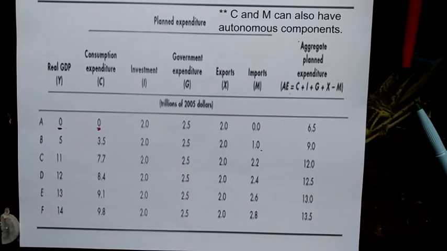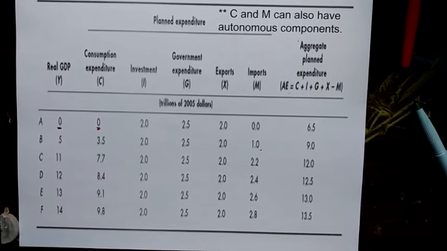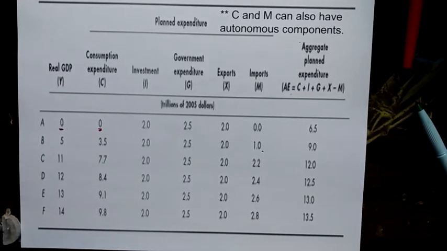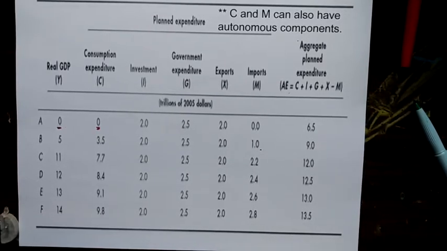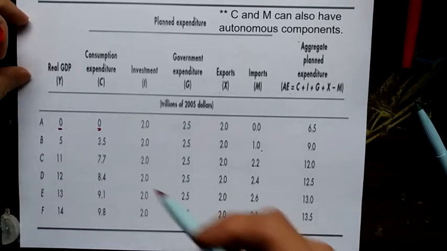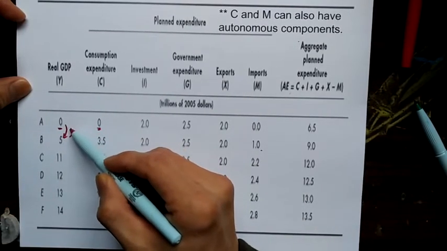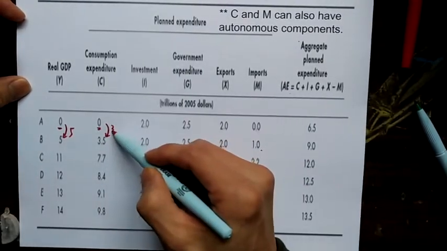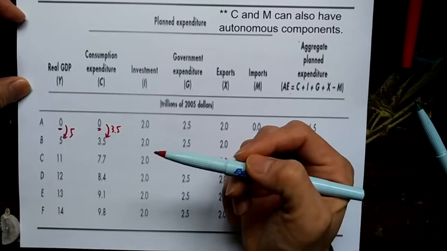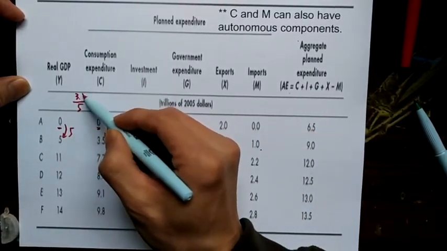Second question. What is the marginal propensity to consume of this economy? Answer? The answer is when the income increases by 5, consumption increases by 3.5. So when income increases by 5, consumption increases by 3.5.